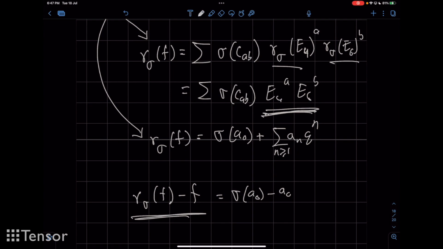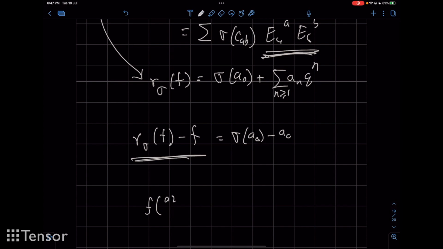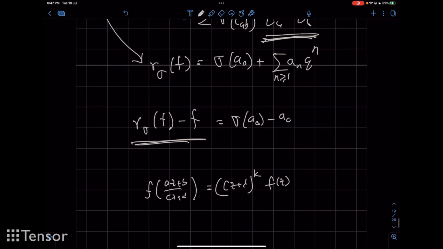For even k, a modular form that happens to be a constant function, what is that constant? 0, exactly. Why is that? Because f of (az+b)/(cz+d) is equal to (cz+d)^k f(z), right? If f is a constant, this one and this one are the same.